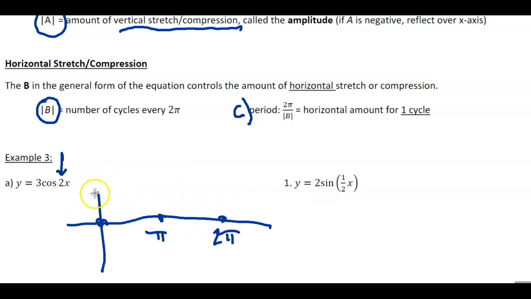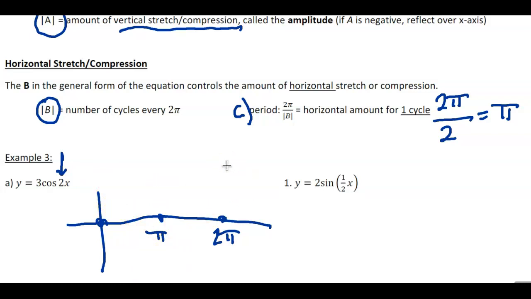So I'll have 2 cosine graphs by the time I get to 2 pi. Another way of looking at it is the period, where you take 2 pi and divide it by this b value. So 2 pi divided by pi is just telling you every pi the graph repeats. So it's kind of the same thing but different.